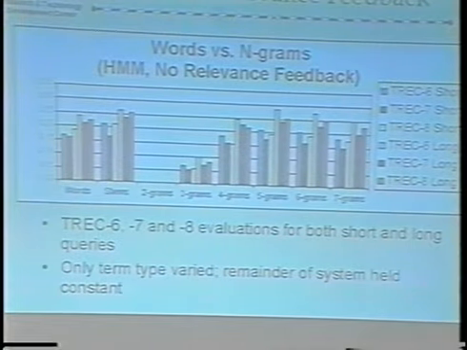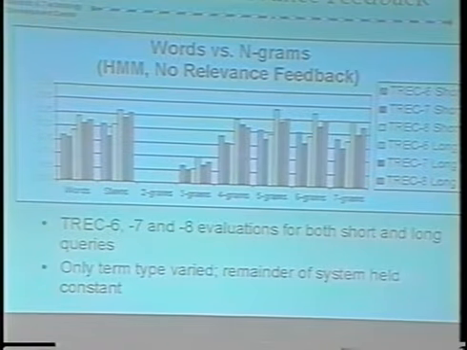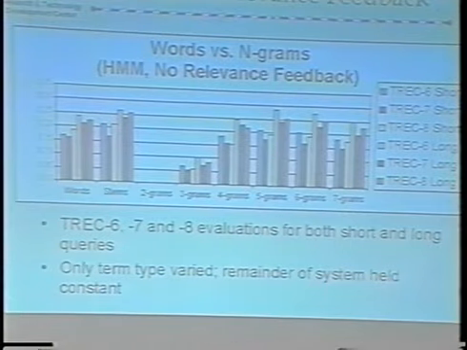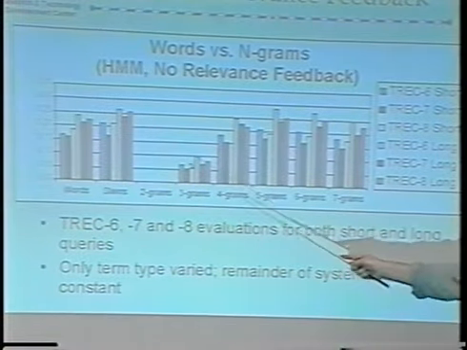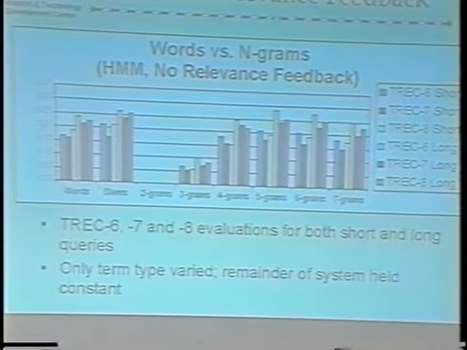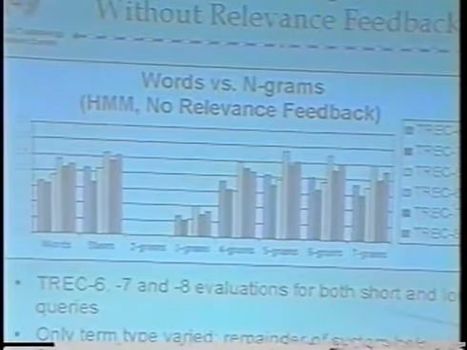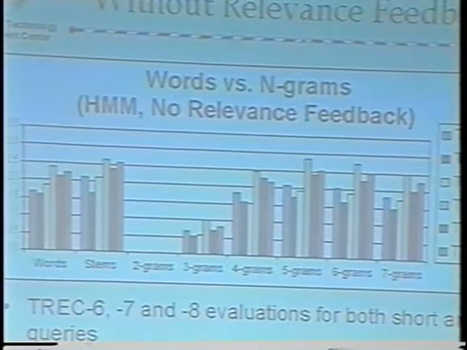2-grams actually have a little blip. A long time ago we did 1-grams, which is single characters, and it was actually slightly better than random. It was unbelievable. But 3-grams is where most of the classic literature in n-grams has looked, and you can see 3-grams are very poor for performance compared with 4, 5, and 6-grams. We have been using 6-grams.